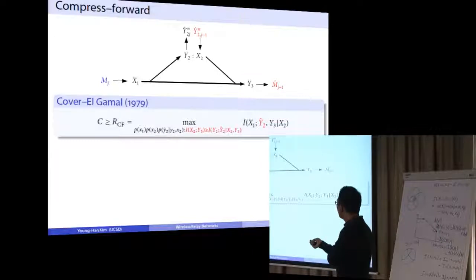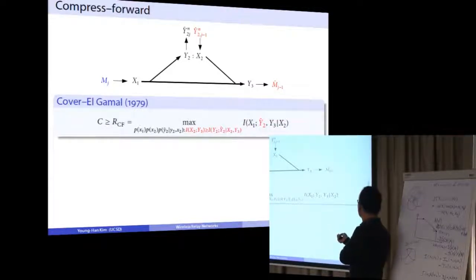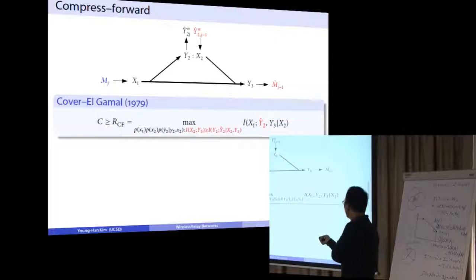So this is what we can achieve using the scheme I very briefly described. Okay? So we can achieve any rate up to the mutual information between X1 and the quantized version of Y2 and the received signal Y3. But there is some constraint on the distribution we can choose, because we have to guarantee that Y3 has no problem recovering Y2 hat.